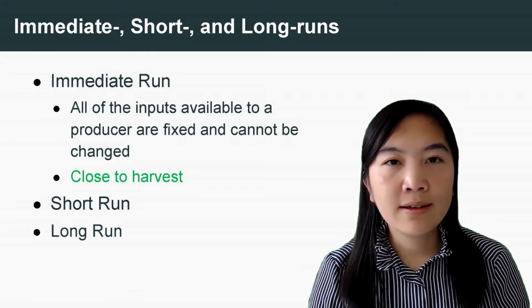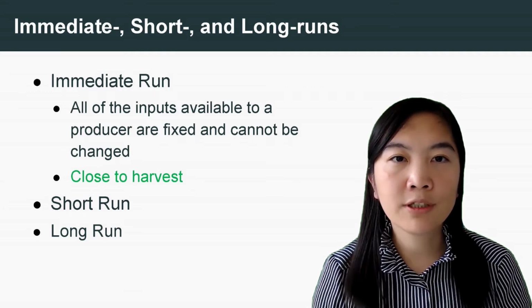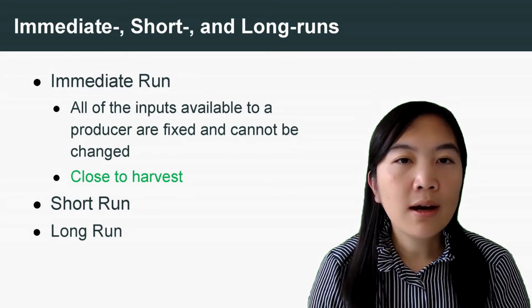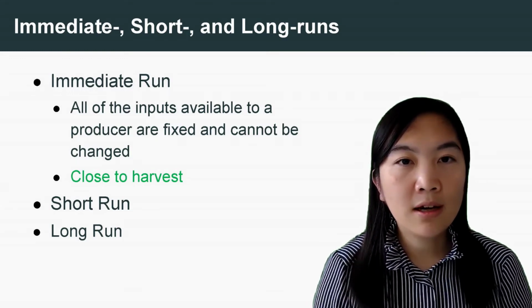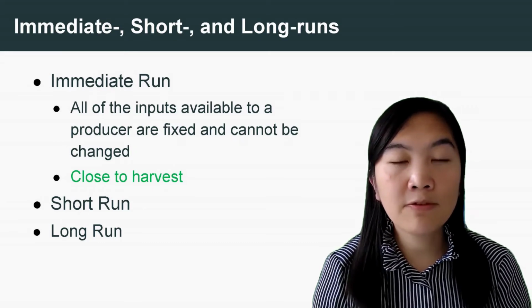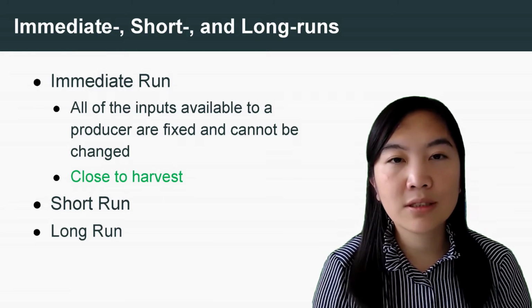Immediate run is the run where all the inputs available to a producer are fixed and they cannot be changed. An example here is close to harvest. For example, if you're growing wheat, then immediately before harvest, none of the inputs can be changed.